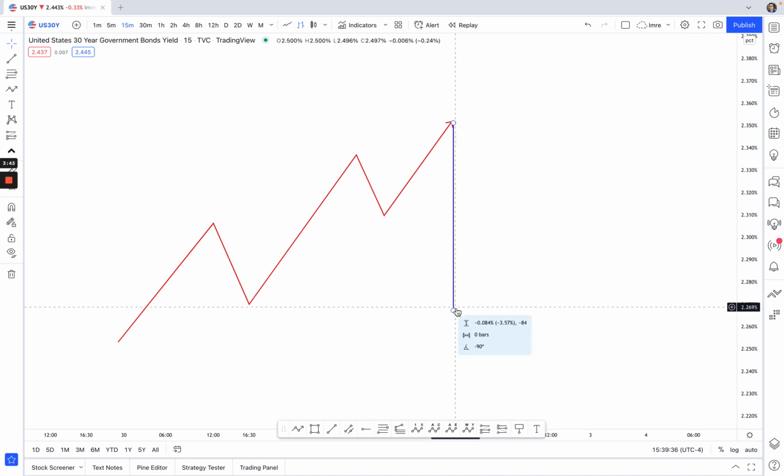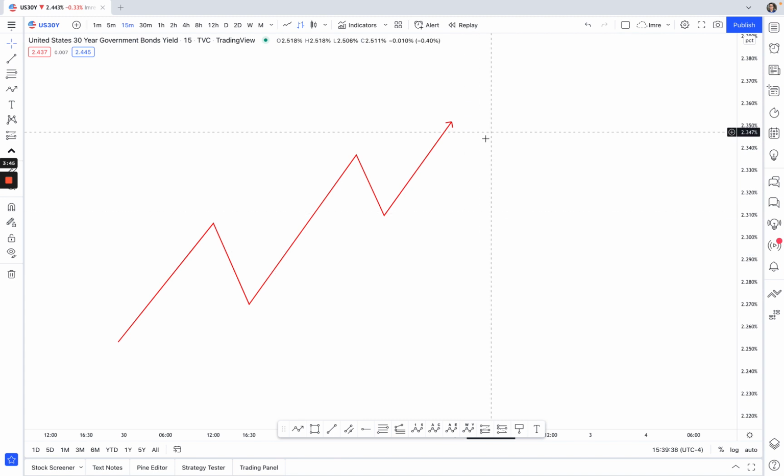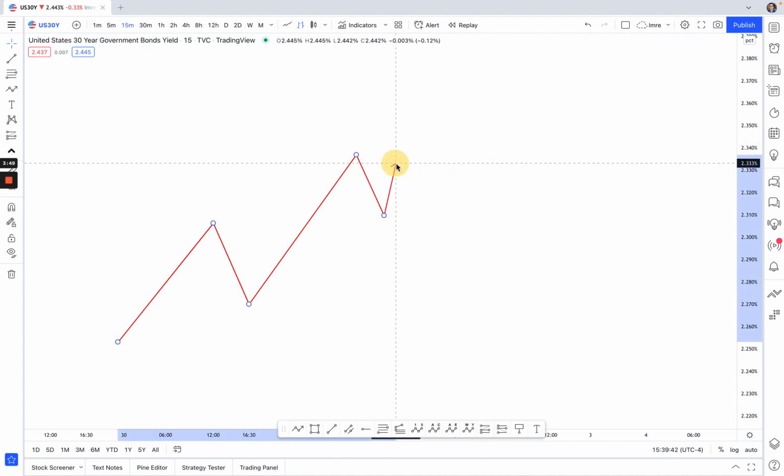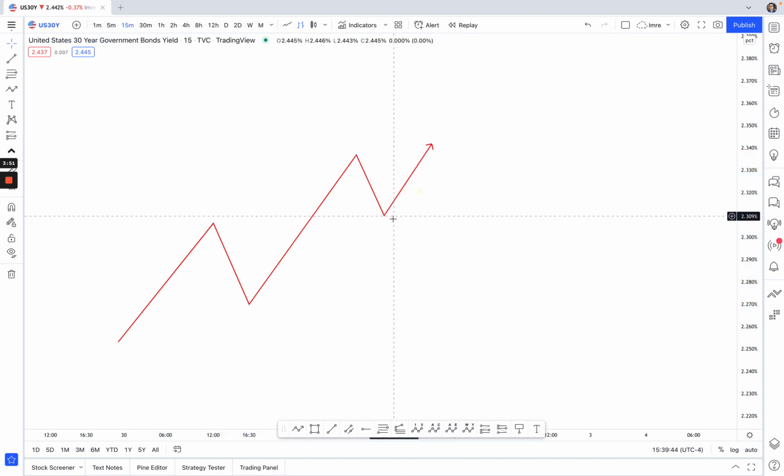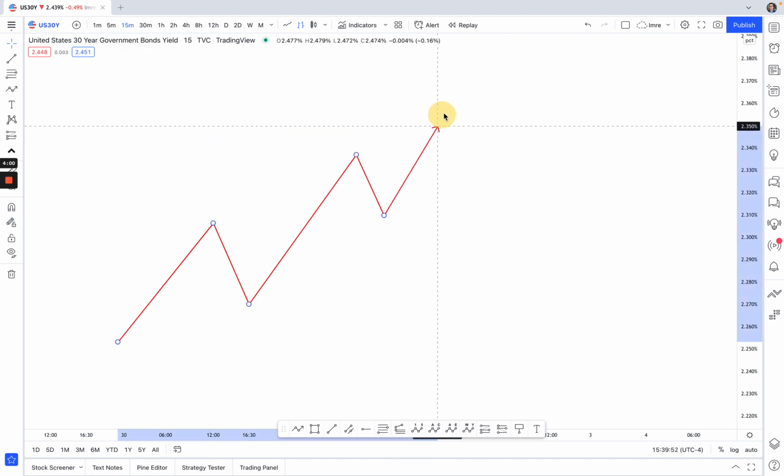Now similarly, in terms of picking entry points, if we violate a low on the way down and that puts an uptrend in jeopardy, well, what gives us confidence that an uptrend is still in play is if we continue to make new highs.